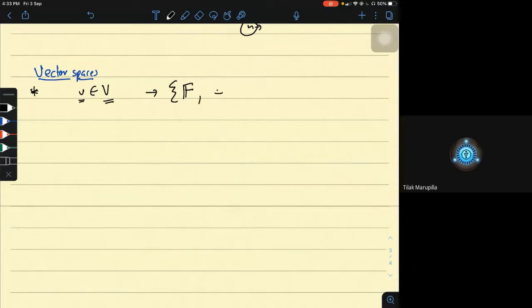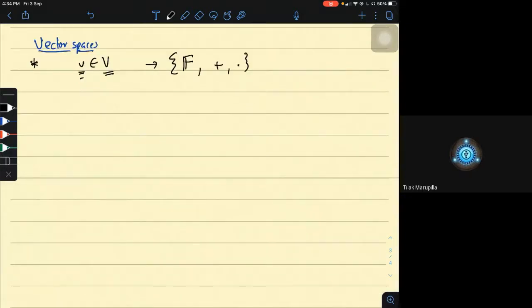And they have two operators, plus and a multiplication operator, just like a field. So these are called vectors, and that's just a name again. And they satisfy two properties and some axioms which can be derived from those properties also.